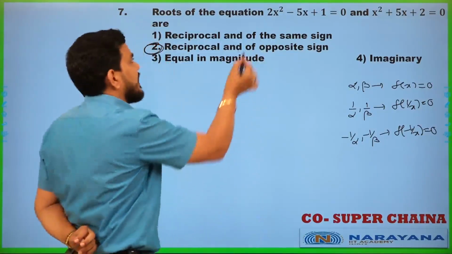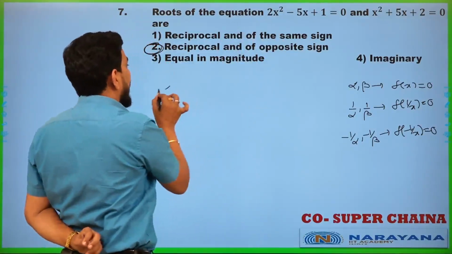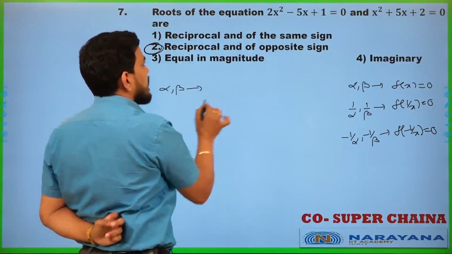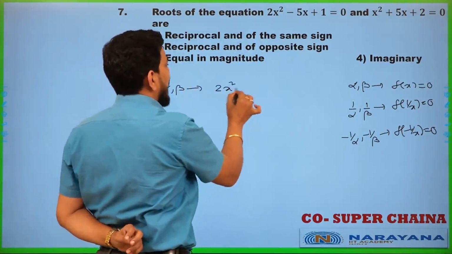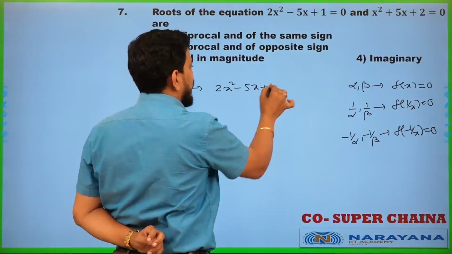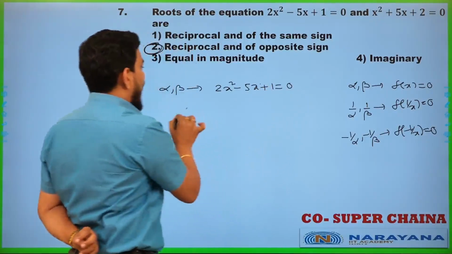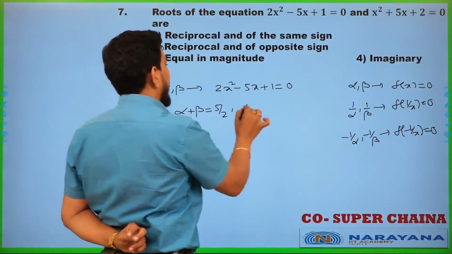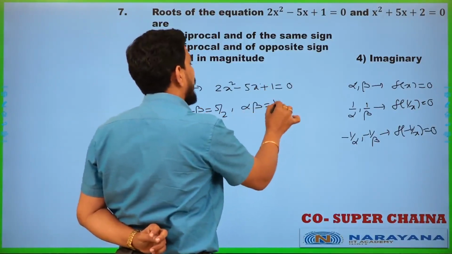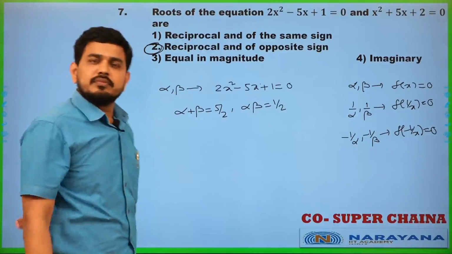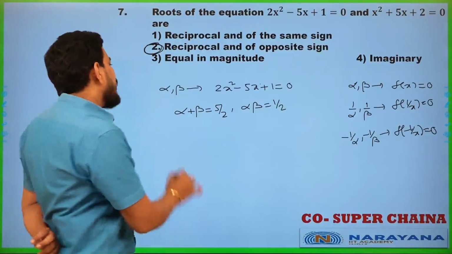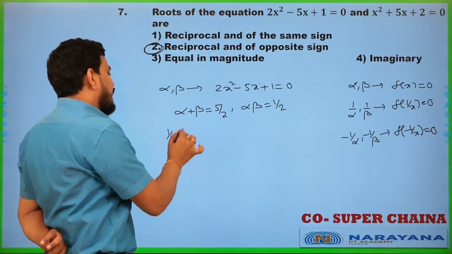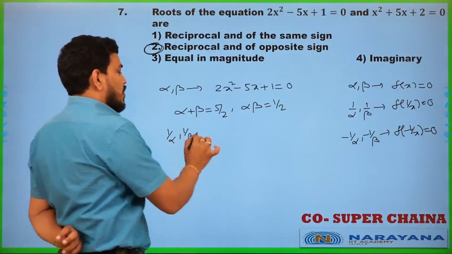Theoretically also you can look at roots of this equation. Alpha, beta are the roots of 2x square minus 5x plus 1 is equal to 0. Alpha plus beta is equal to 5 by 2 and alpha beta is equal to 1 by 2. Let me write the equation, 1 by alpha, 1 by beta are the roots. So, what is the equation?